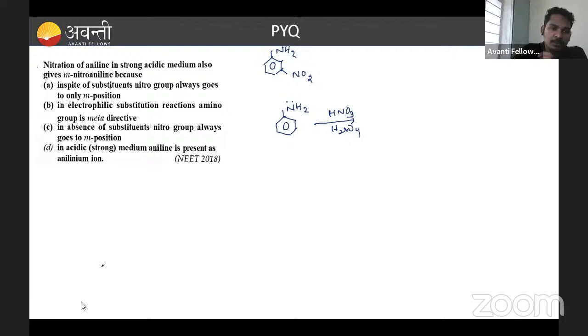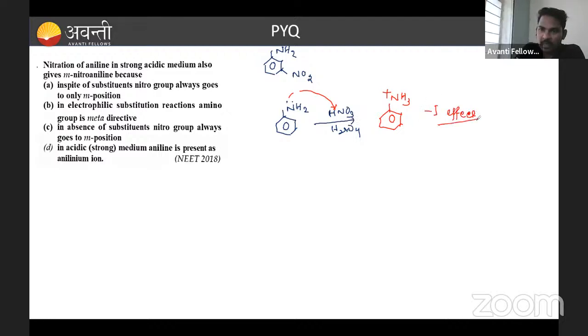In a strong acidic medium, this group will accept one hydrogen and become NH3 plus, taking H plus from here. Now this NH3 plus group doesn't have a lone pair, so it will not act as an electron donating group, rather it will act as an electron withdrawing group due to the minus I effect.